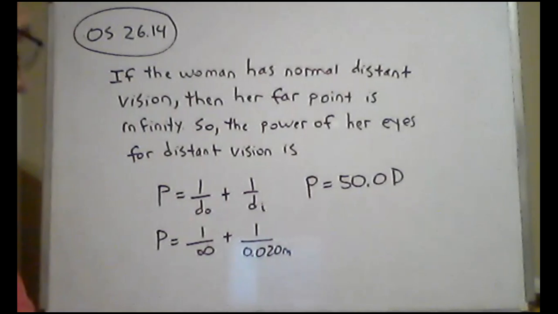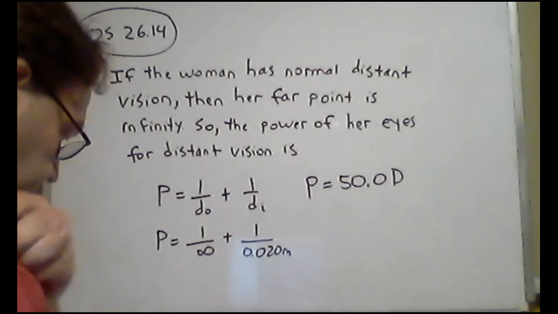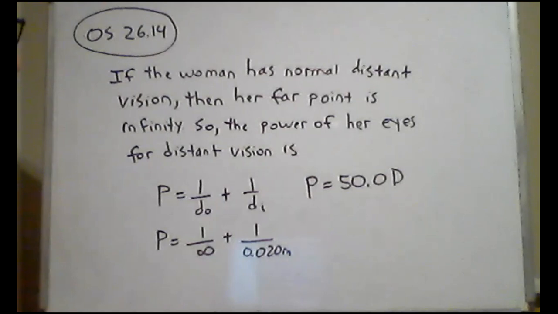Now, she has the ability to accommodate 10%. That means that when she sees an object, the ciliary muscles near her lens have the ability to change the focal point of her eye to accommodate, to give her a fully accommodated power of 10% more than what you see here. All right.